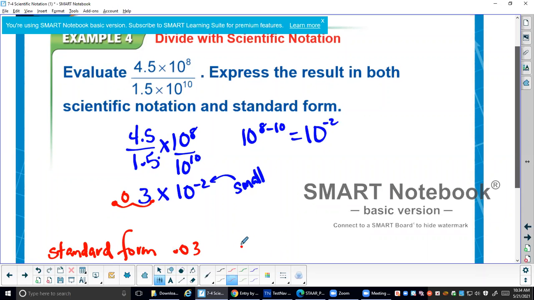And scientific notation looks like 3 times 10 to the power of negative 2. Please keep in mind that in your calculator, you will see it as 3e negative 2. That's how they would write that. Questions?